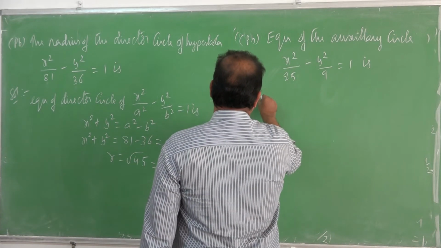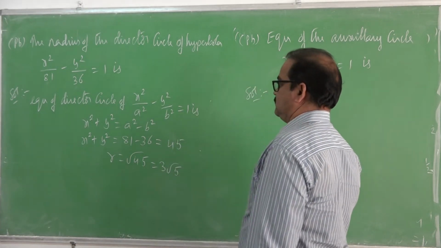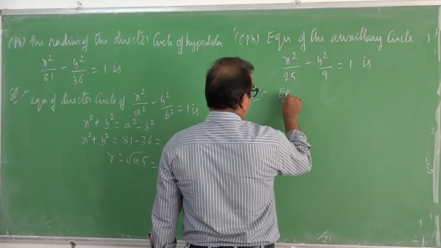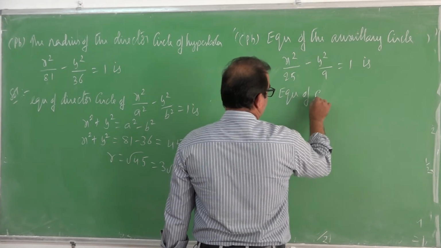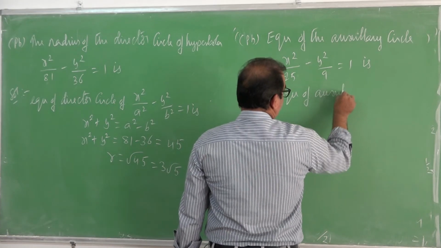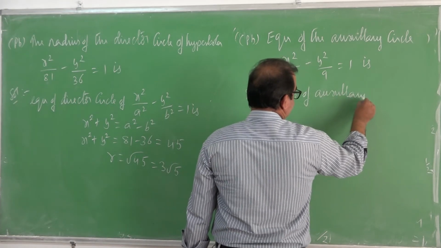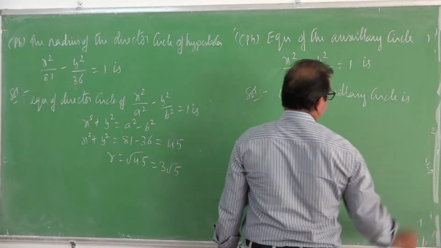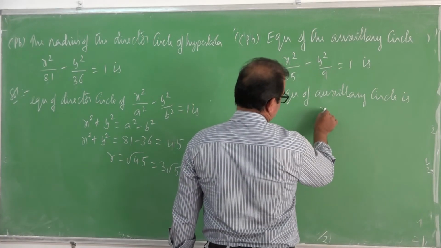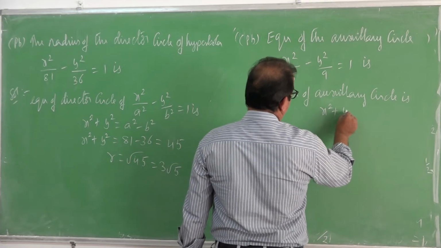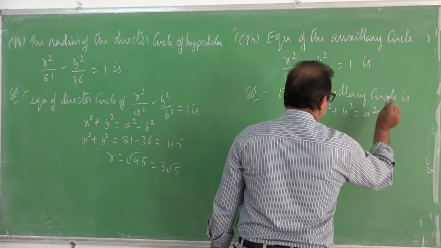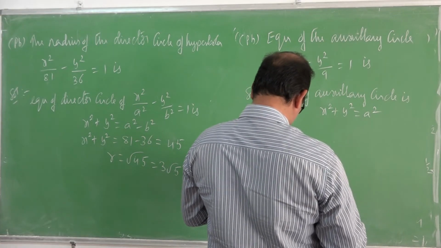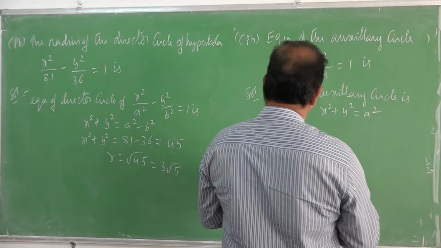Here also write the formula. What is the formula to find the auxiliary circle? The equation of the auxiliary circle is x square plus y square is equal to a square.